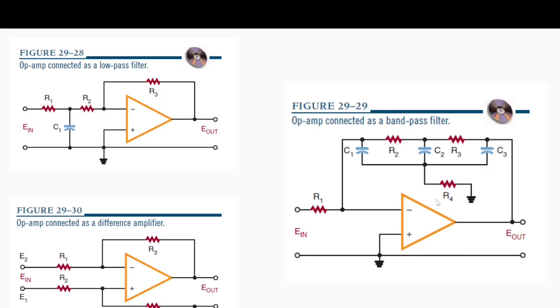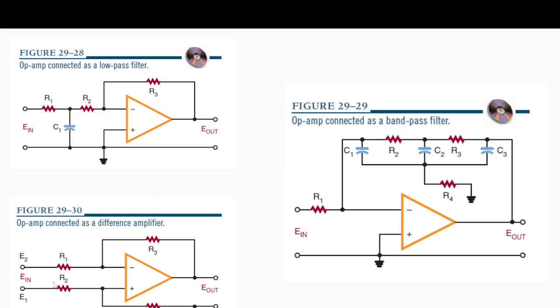I do not expect you to be tested on drawing the active band pass filter or any of these circuits. What I want you to know are the key concepts.